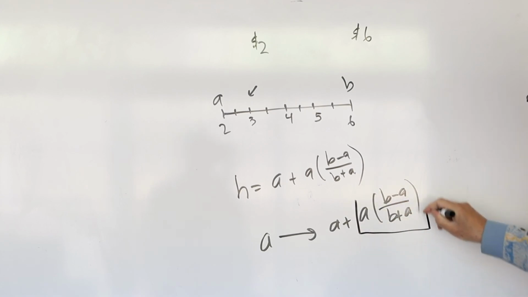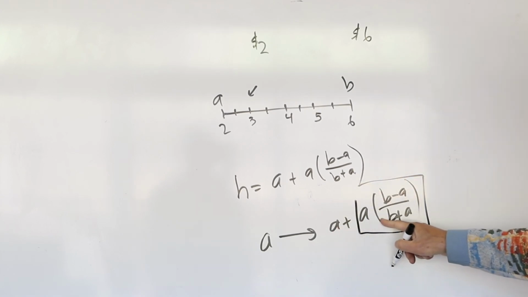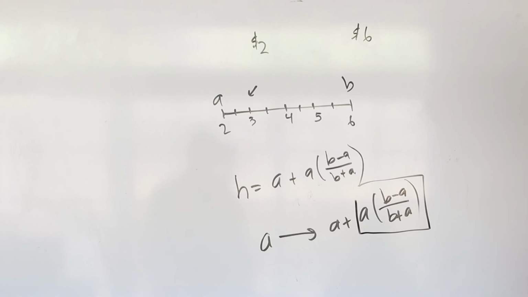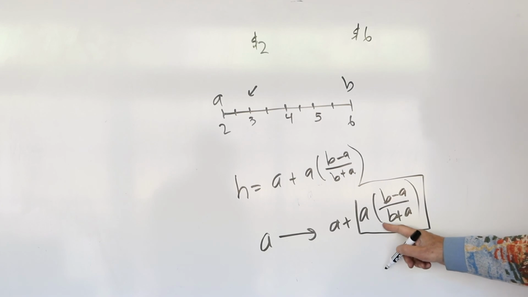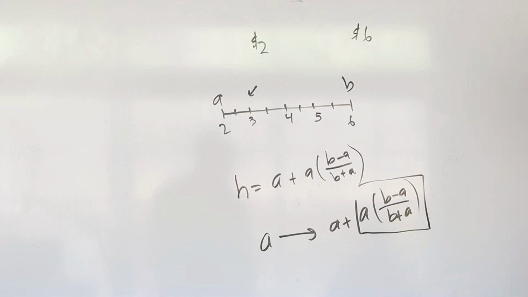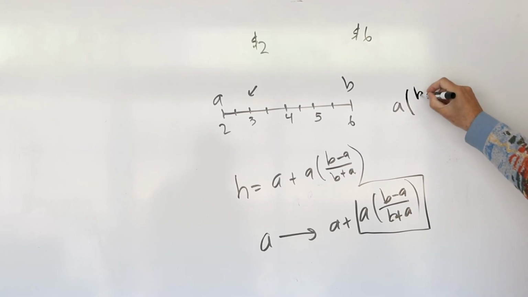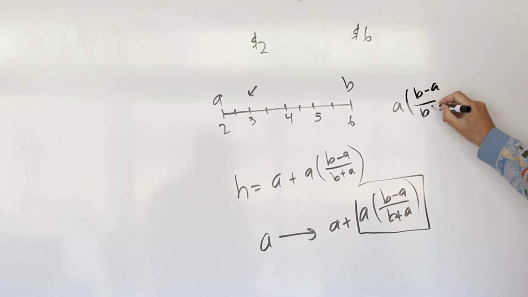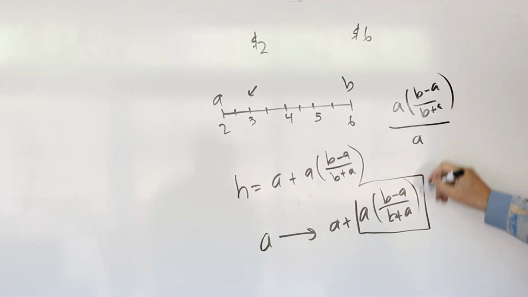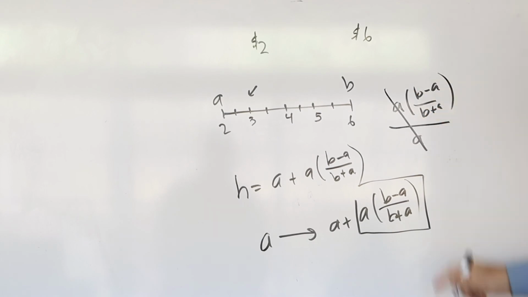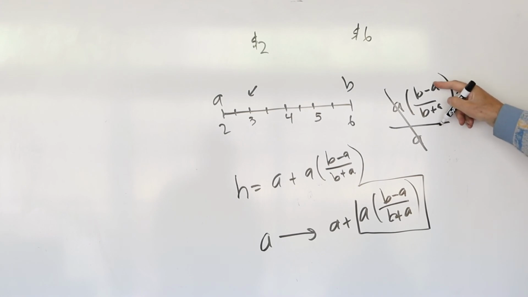Well, actually, it's the old plus the change makes the new. So the change over the old would be this change over the old. So when we cancel, we get B minus A over B plus A. So then just change that to a percent. So it's change over the old, simplify to blank per 100.